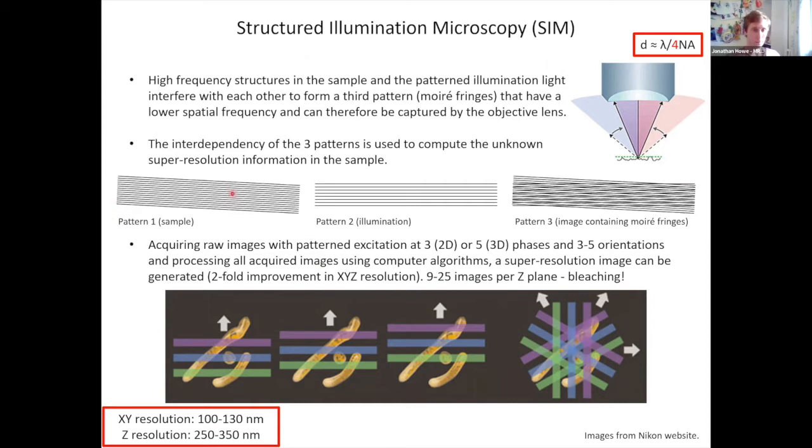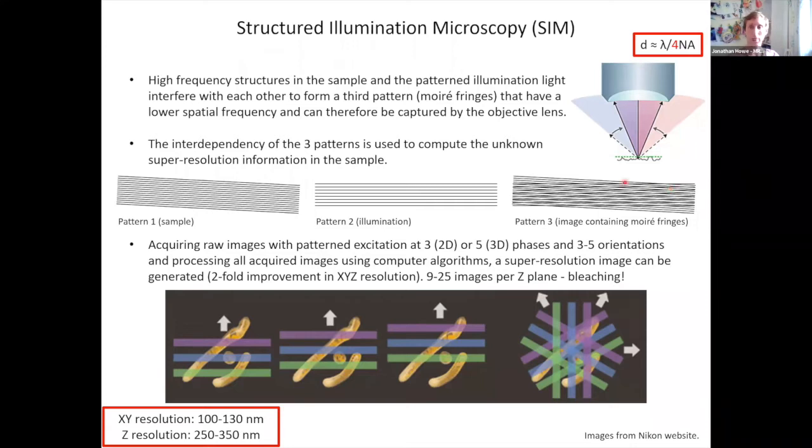If you illuminate your sample with pattern 2, which is the finest pattern you can project into your sample, so it's right at the resolution limit, then these 2 patterns will interfere to generate the image that you record, which is pattern 3. Now, pattern 3, as you can probably see, contains this lower spatial frequency element. You see these stripes, which are going from sort of 8 p.m. to 2 a.m. And these essentially encode the super-resolution information.